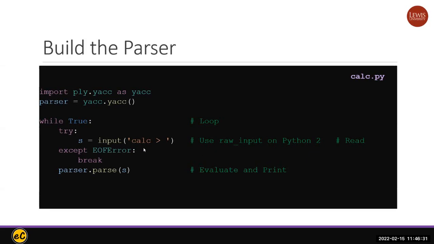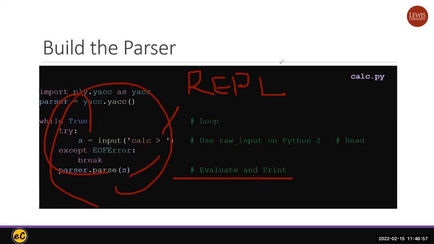If the parsing is error, you break. Otherwise, you will use parser.parse to get an evaluation and print. It is also a read, evaluate, print, and loop back format. So that's called calculator.py.